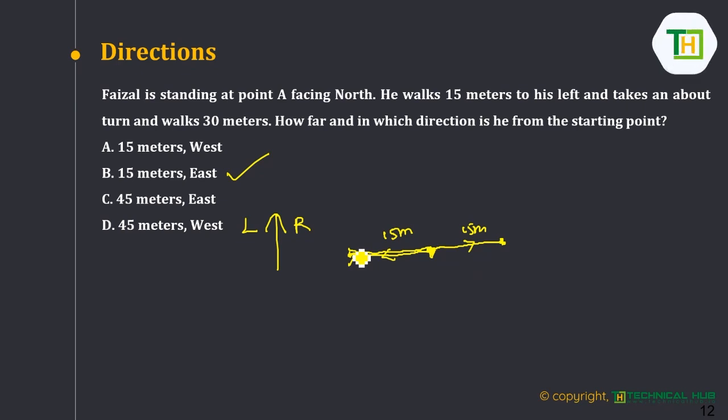And takes an about turn, rotating 180 degrees, means turn back. And walks 30 meters towards east, intersecting the starting point and moving an additional 15 meters. So finally the ending point is 15 meters east of the starting point.